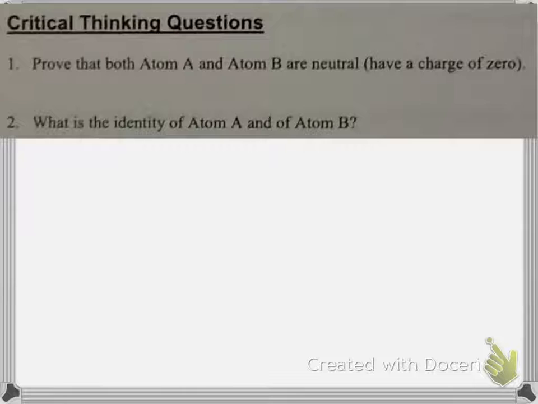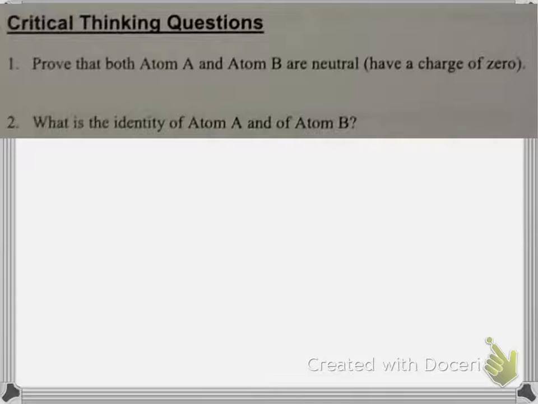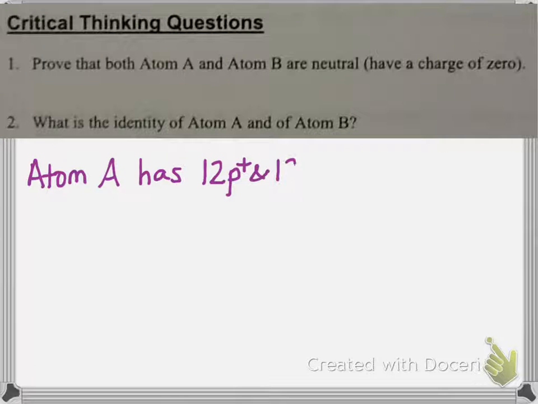So question number 1. Prove that both atom A and atom B are neutral, have a charge of 0. So atom A has 12 electrons and 12 protons. Therefore, positive 12 minus 12, because of the electrons being negatively charged, equals 0.